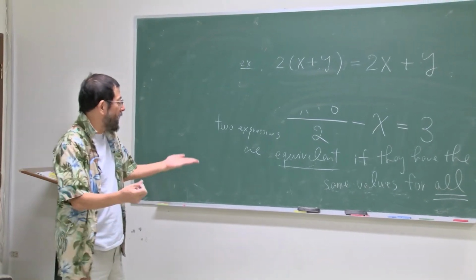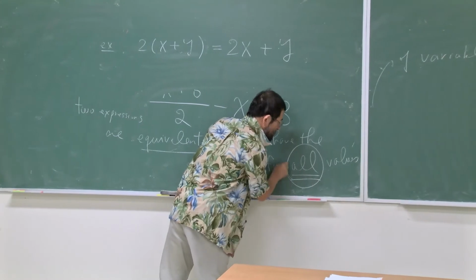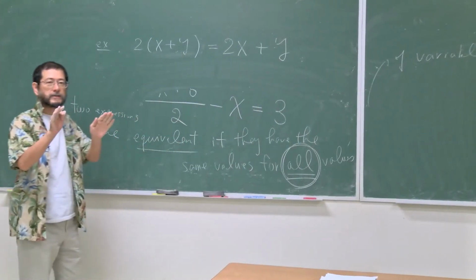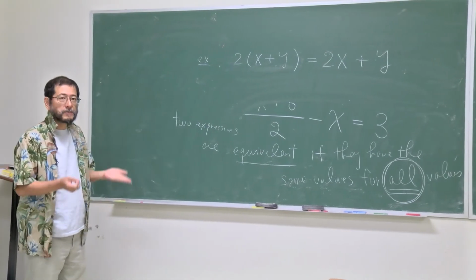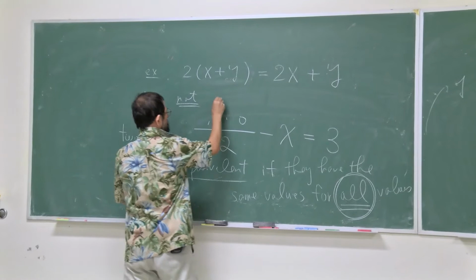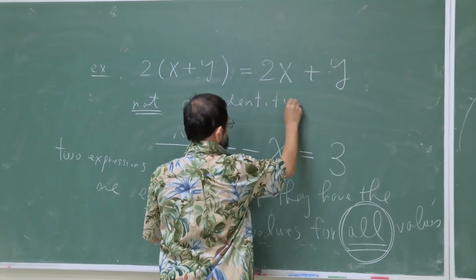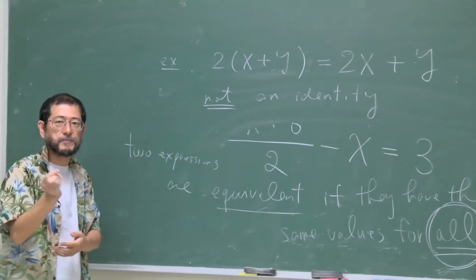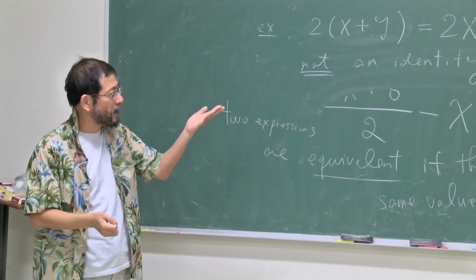But the definition of an identity is that two expressions must be the same for all values of the variables. So if you want to claim this is not an identity, then all you have to do is give me just one set of examples for x and y.